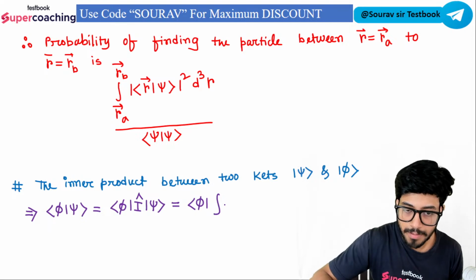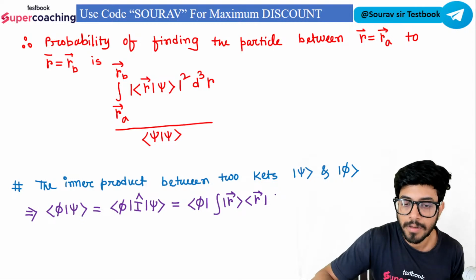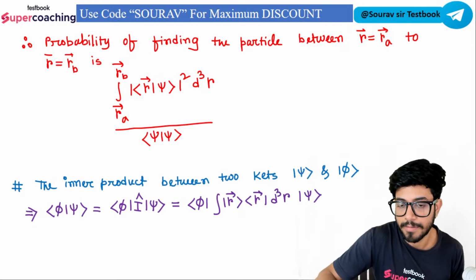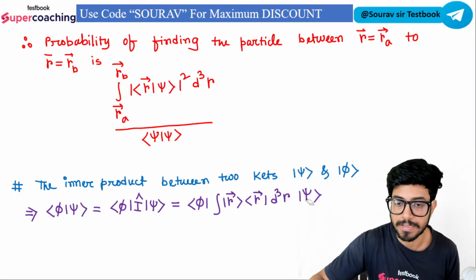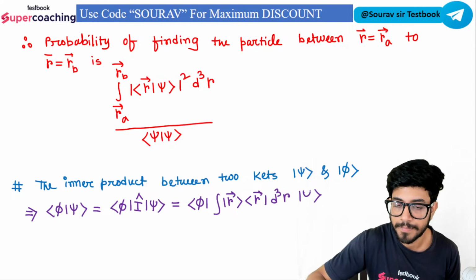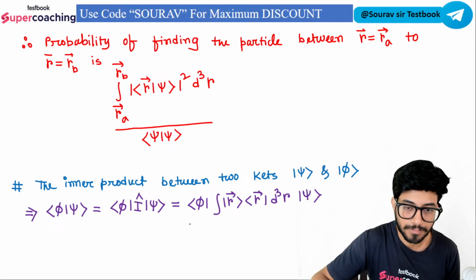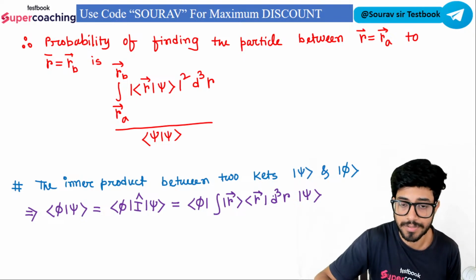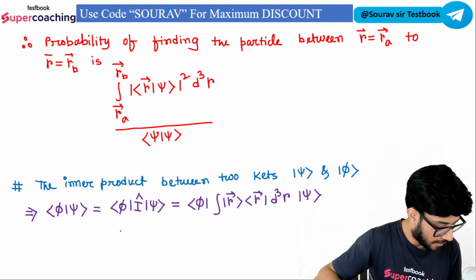phi, integration, r vector, d tau, into psi. And then this thing is easy. So phi into this r vector, and r into psi is equal to psi of r, and phi into this r vector is phi star of r.